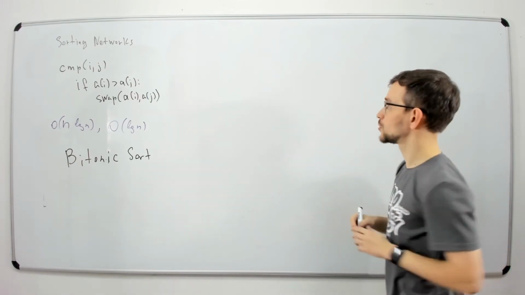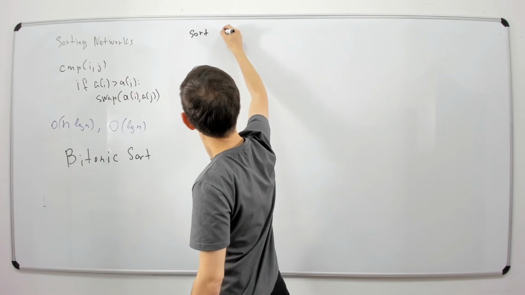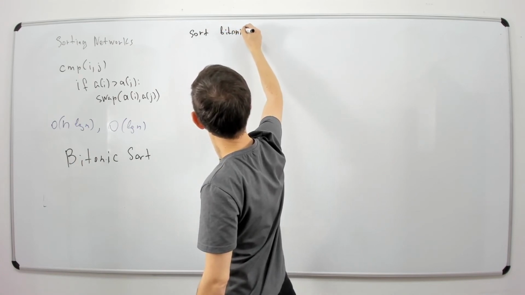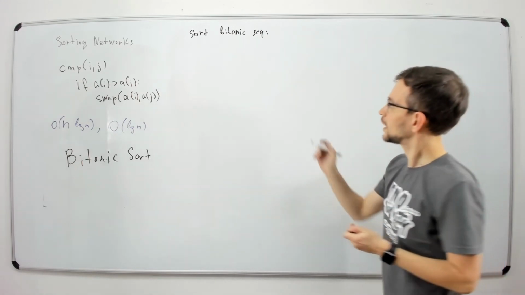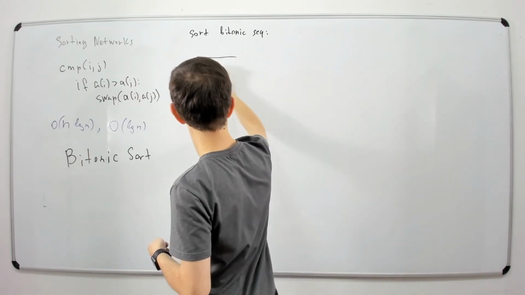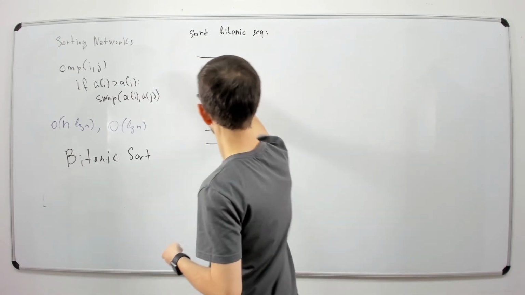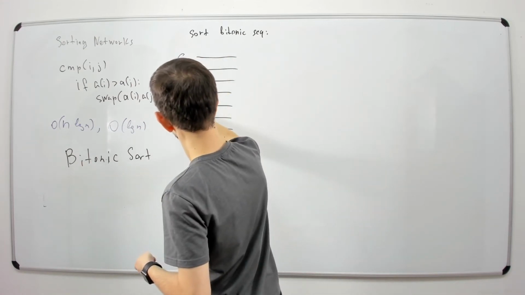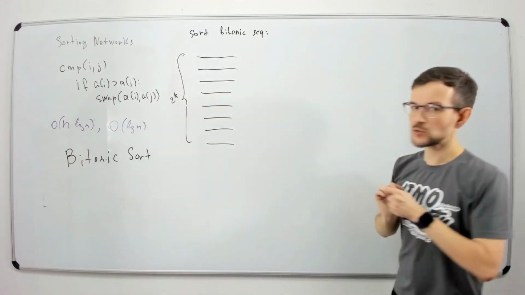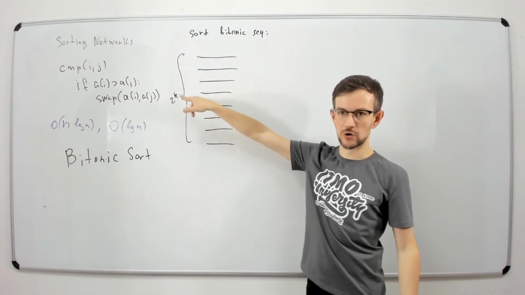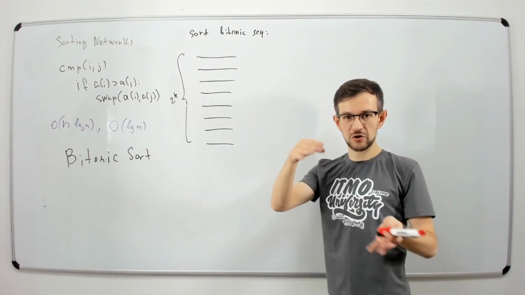Now, how to sort the Bitonic sequence? Imagine we have an array of size 2 to the power of k. Let's do the following. Let's split this array into two parts.